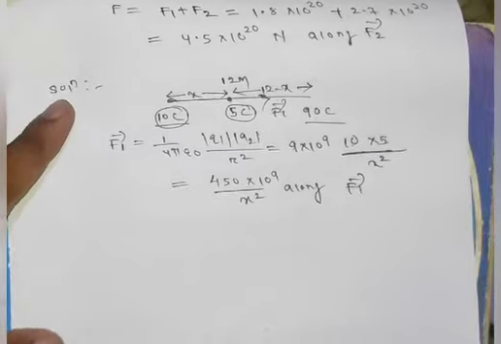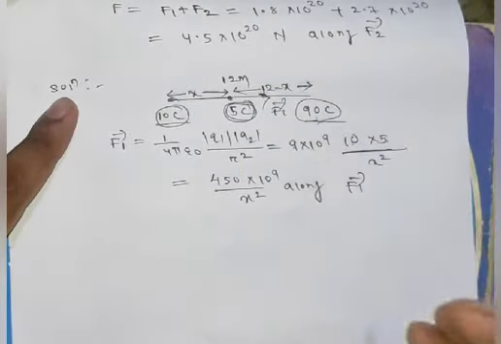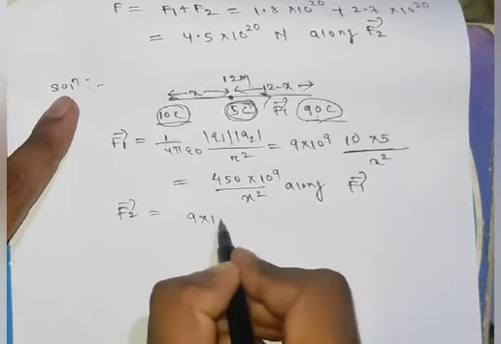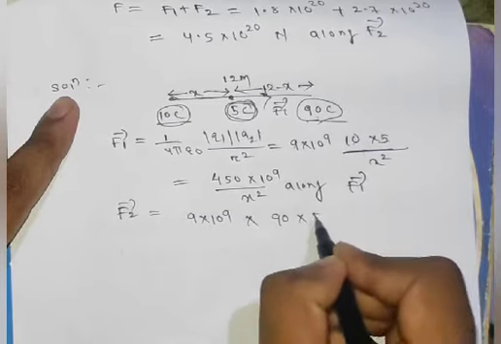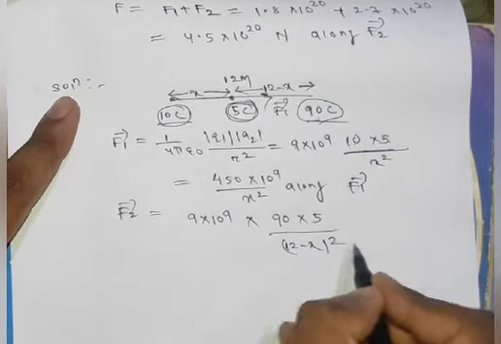Similarly, now I shall calculate the force on the 5 coulomb charge due to the 90 coulomb charge. So it will be F2. It simplifies to 9 into 10 to the power 9, q1 is 90, q2 is 5, and r is 12 minus x whole square.